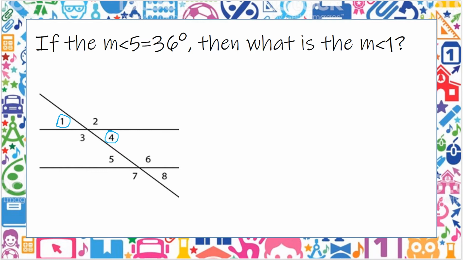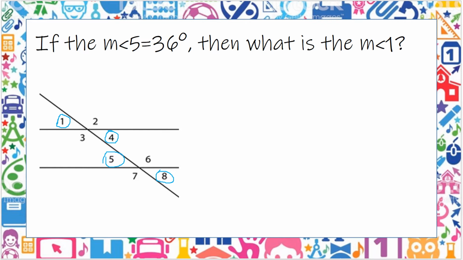Then I know that the corresponding angle to number 1, notice number 1 is in the top left of that top parallel line. So if I look at the bottom parallel line, the top left is 5. And 8 is a vertical angle with that. So all the blue are equal there.